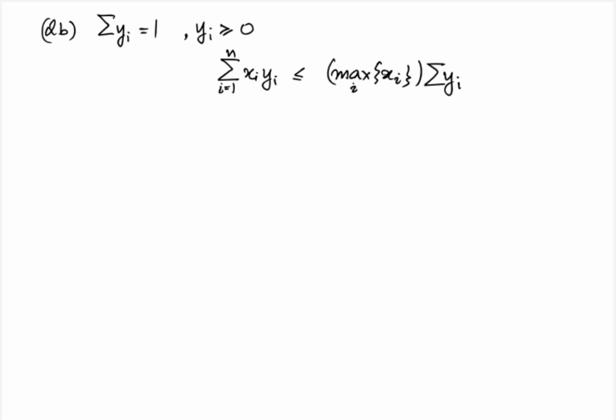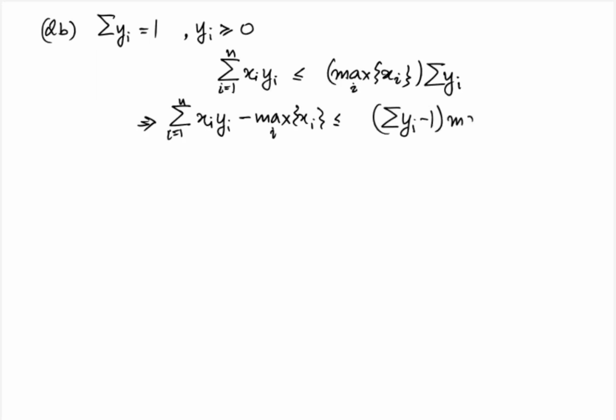Then let us subtract max over i of xi from both sides to obtain the sum over i of xi yi minus max over i of xi less than or equal to the sum over i of yi minus 1, times max over i of xi. The right hand side evaluates to 0 because the sum over i of yi is equal to 1, while the left hand side is exactly the objective function we are considering.